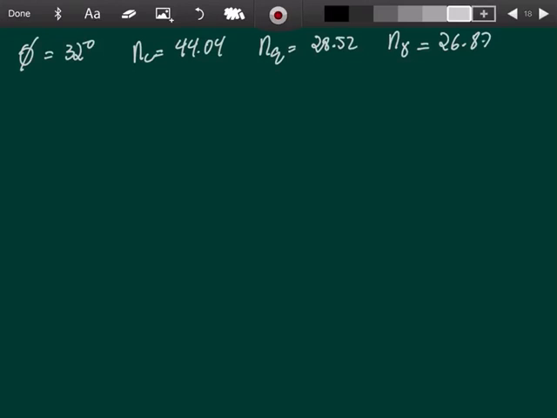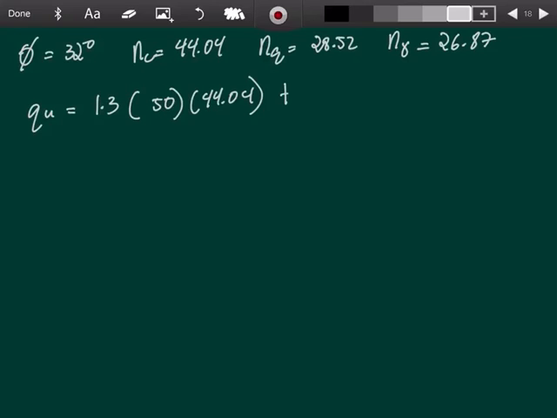So when phi is equal to 32 degrees, ang ating Nc ay 44.04, Nq is 28.52, and N gamma is 26.87. Okay, so going to use QU 1.3, C is 50 times 44.04.